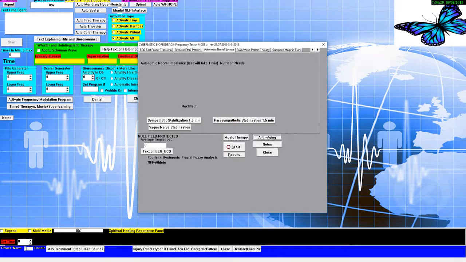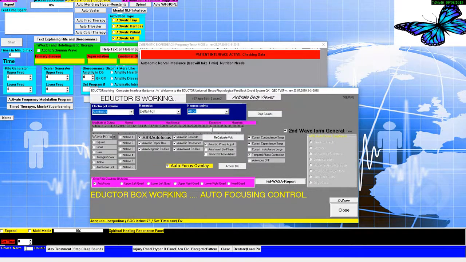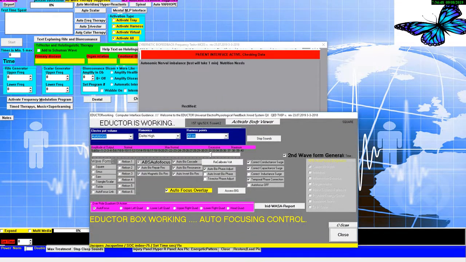Here I want to show you this autonomic nervous system, because we are always working on stress, and this is important. What I will do is look at the autonomic nervous system here, and we will activate the body viewer.